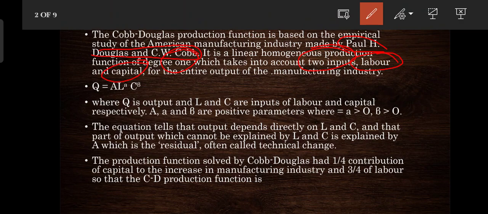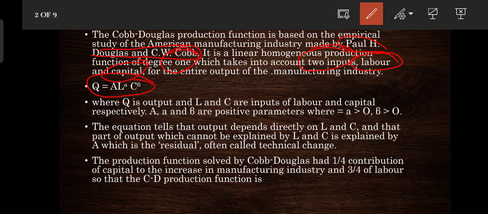So the general form of the Cobb Douglas production function is Q equal to A into L raised to alpha and C raised to beta. This is the general form. Here Q is the output, and L and C are the inputs of labor and capital respectively.